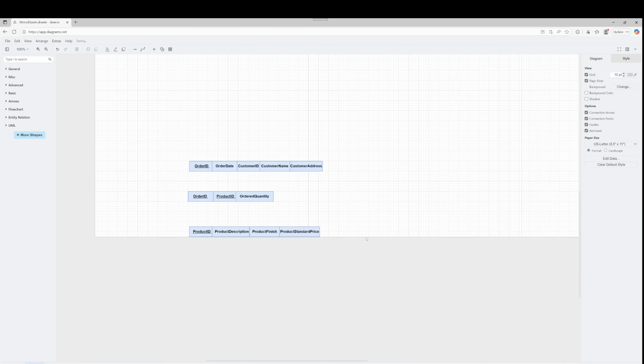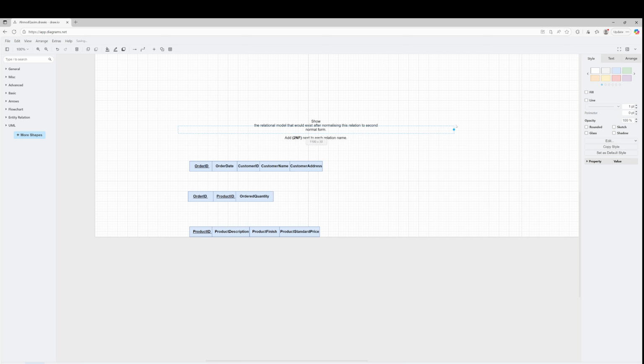Okay, so the question here is we need to show the relation model that will exist after normalizing this relation to the second normal form.